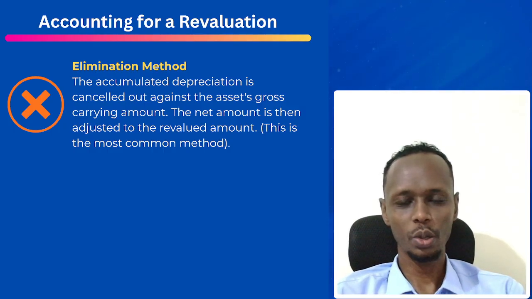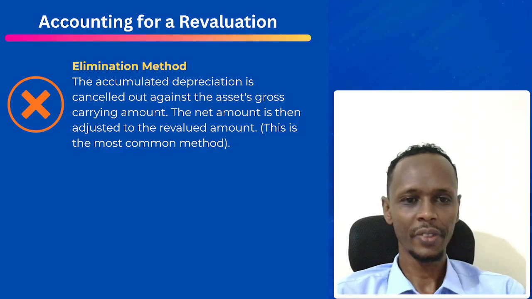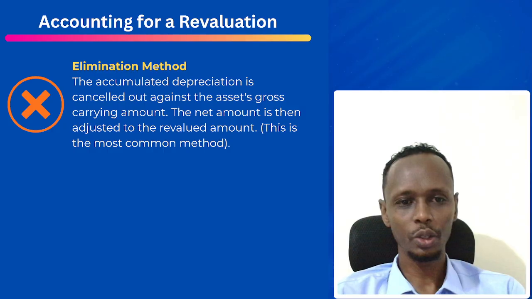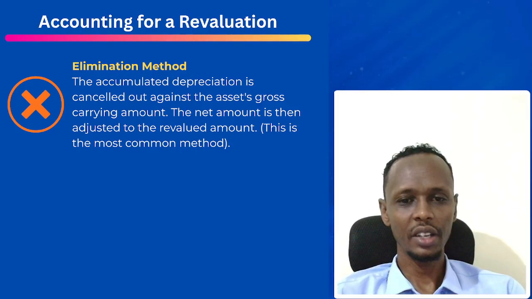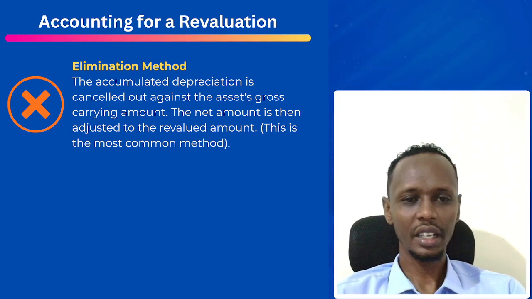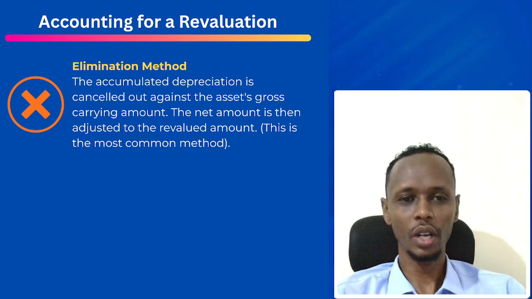If I'm not wrong, this is paragraph 31 of IPSAS 45. You remove that depreciation from both the cost and the accumulated depreciation, returning the accumulated depreciation to zero, depending on how you revalue that asset.